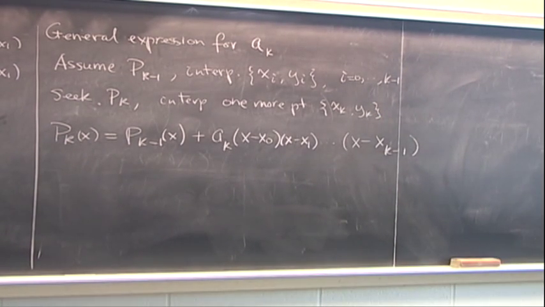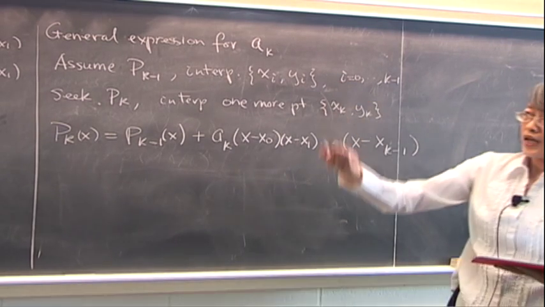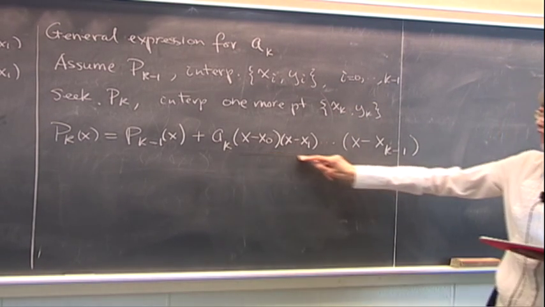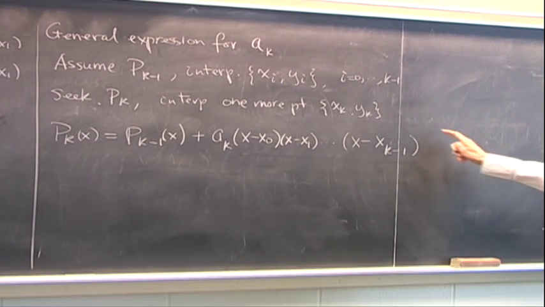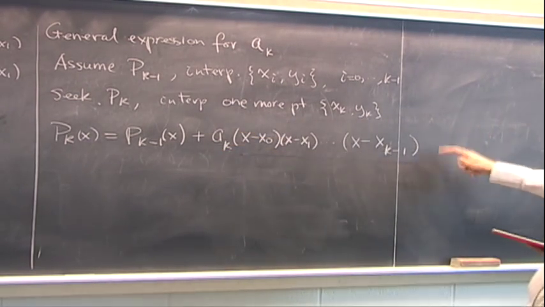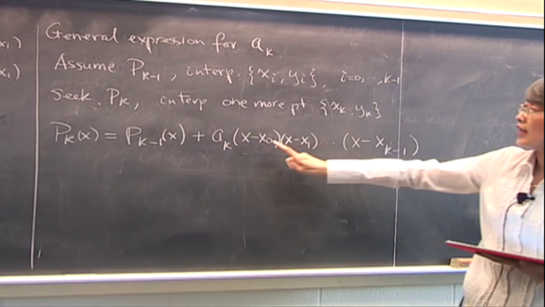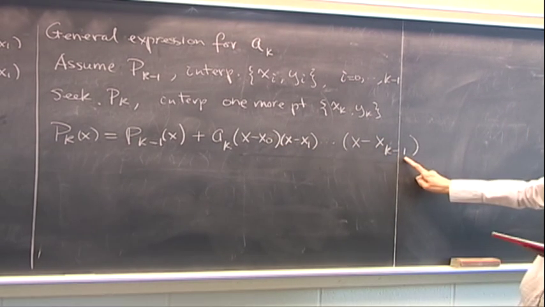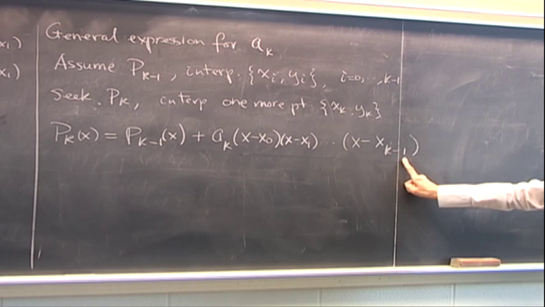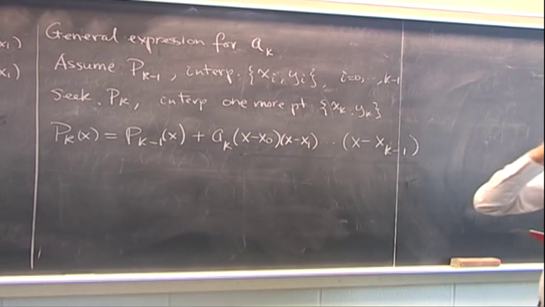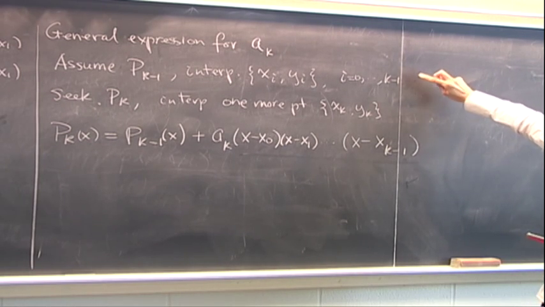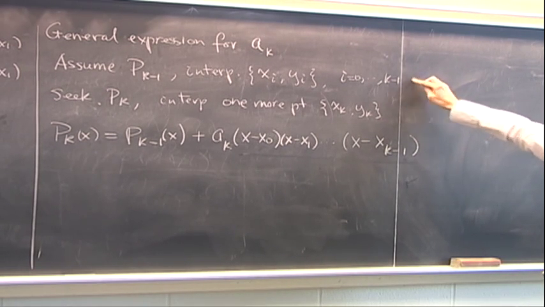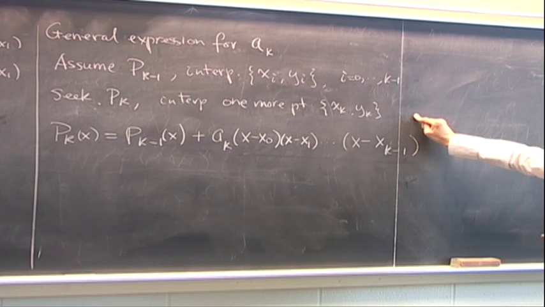Right? So you see from our previous discussion why it is so nice to take this form, because what you're adding here, this term, is 0 at x0, x1, and all the way to x_{k-1}. So this form already guarantees that the interpolation property for p_{k-1} is preserved for pk, right?